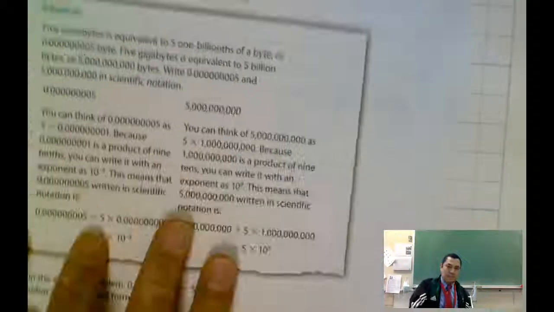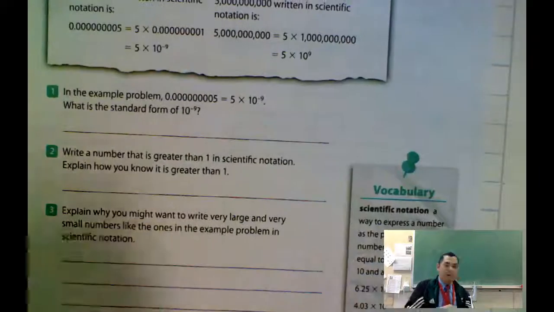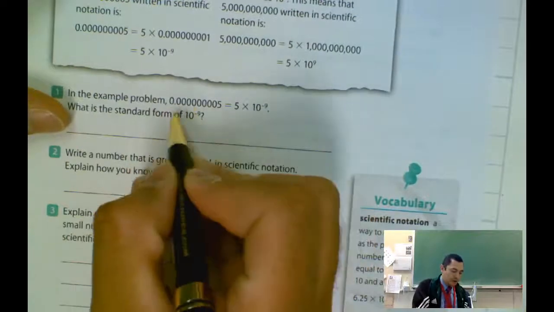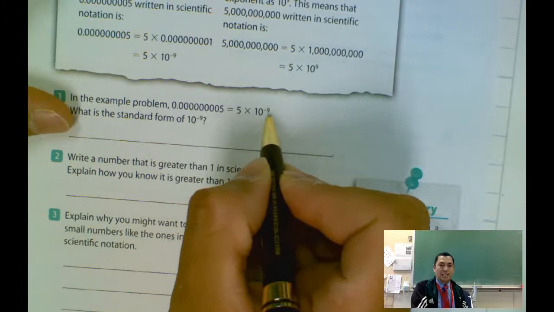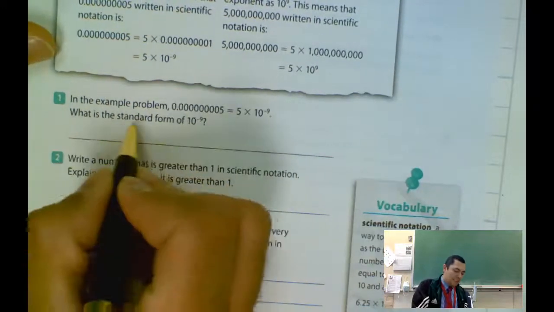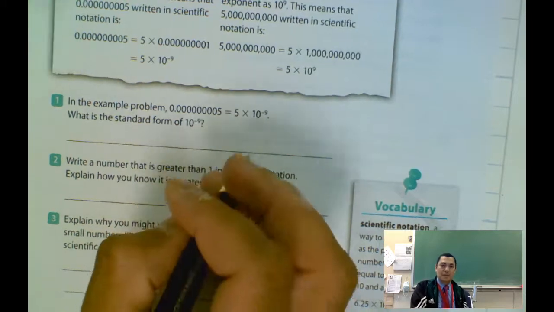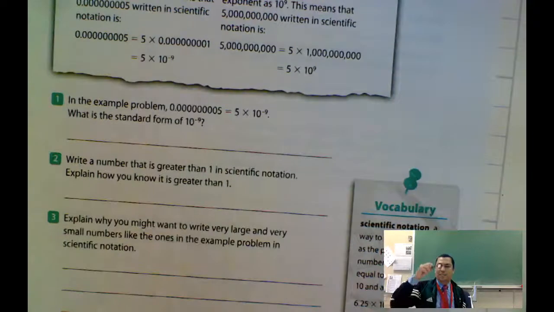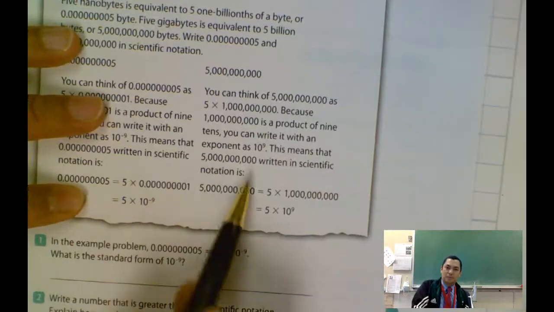After those examples that you have here, we're going to answer the question. Number 1 is one of the basic questions that we have. In the example problem, you have 0.000000005 is equal to 5 times 10 to the negative 9. What is the standard form of 10 to the negative 9? So in this case, what we are going to do is exactly the same. You got 10 to the negative 9 and you move 9 units to the right.